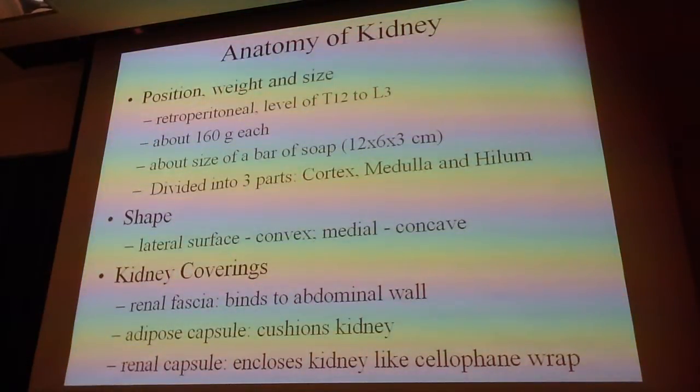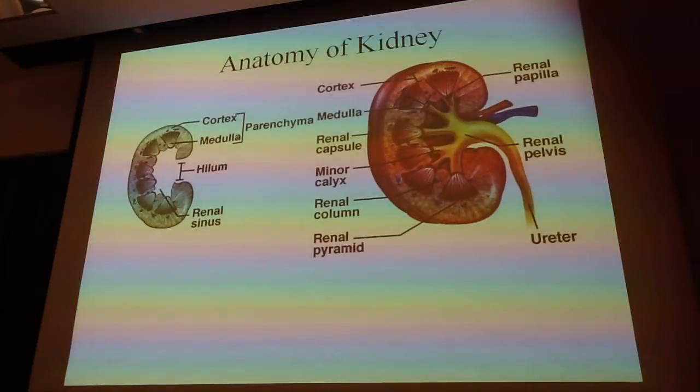Okay, let's see what else we got here. We're going to be looking at different aspects of the kidney, but remember that we have three types of imaging agents. We've got functional agents, which are your DTPA and MAG3.